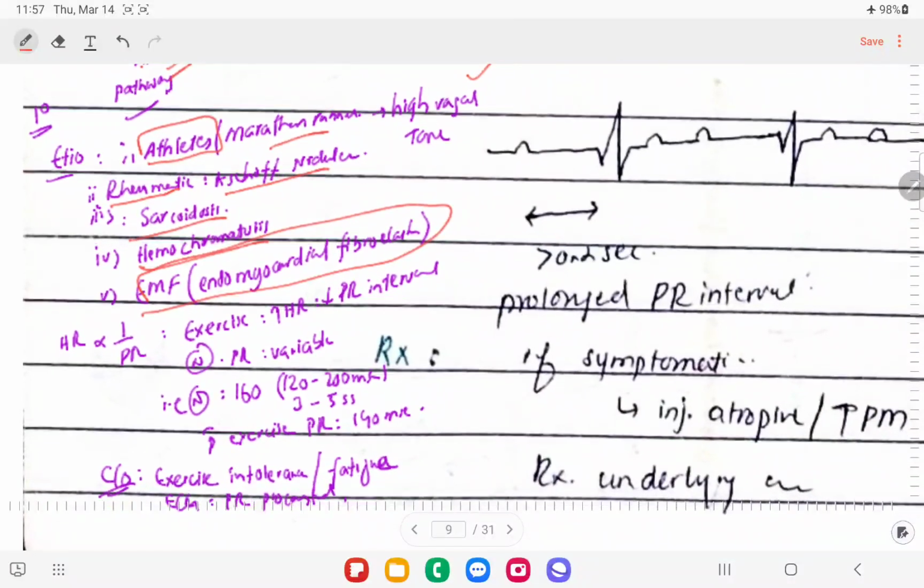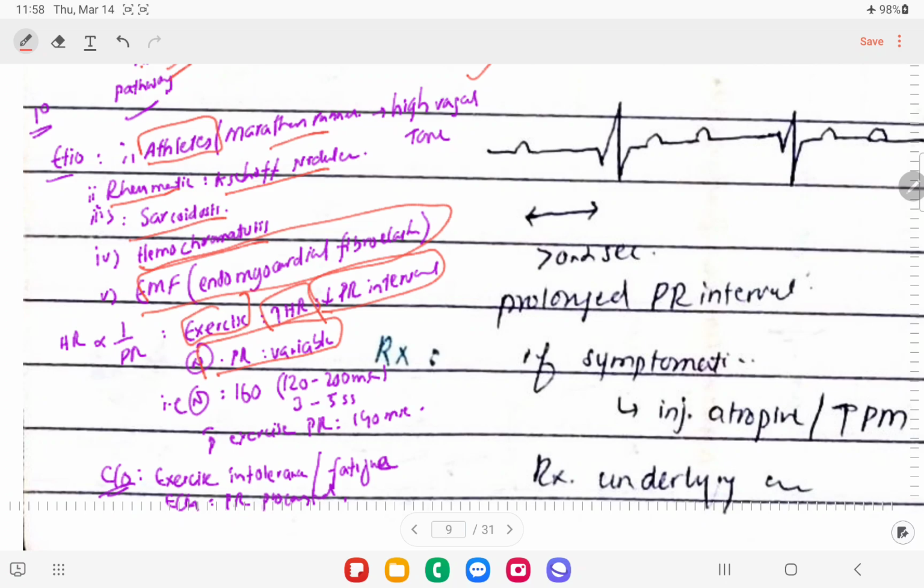Normally, with exercise when there's an increased heart rate, the PR interval gets short. Normally the PR interval is variable. If you ask the patient to exercise or do sit-ups, the PR interval gets short.